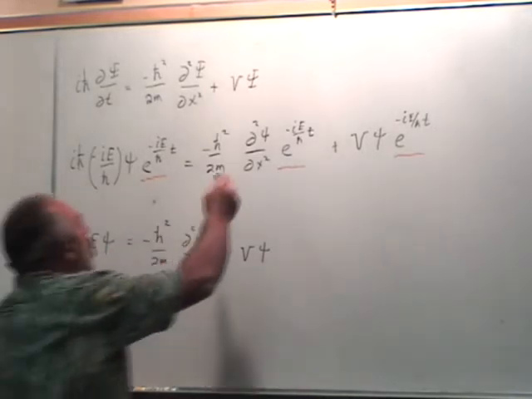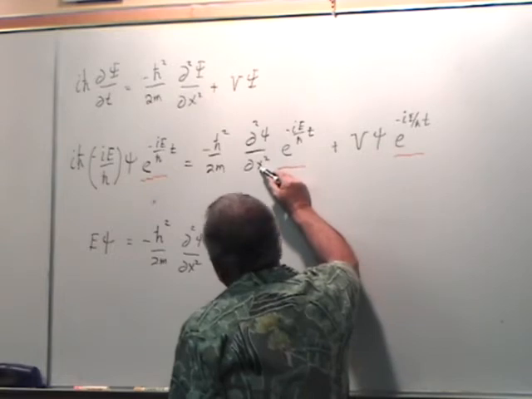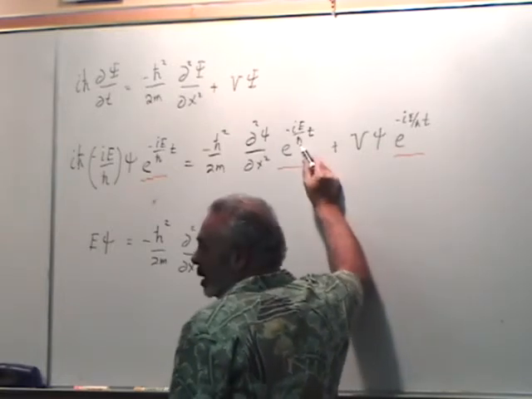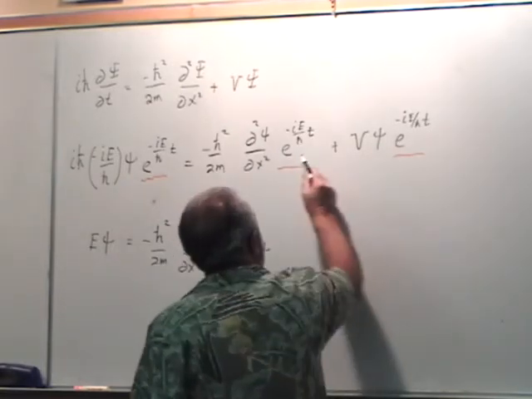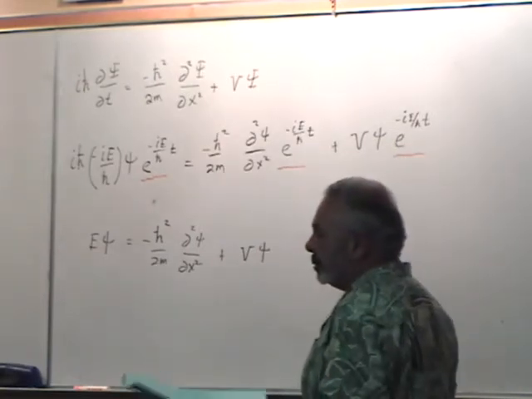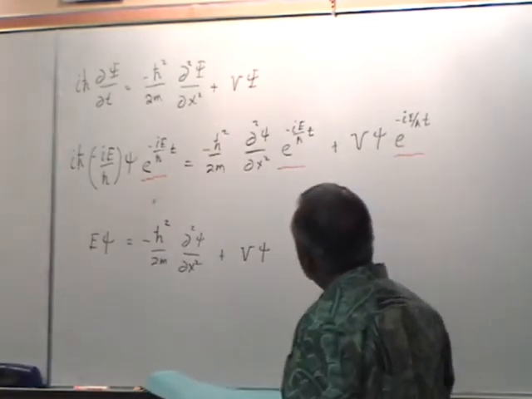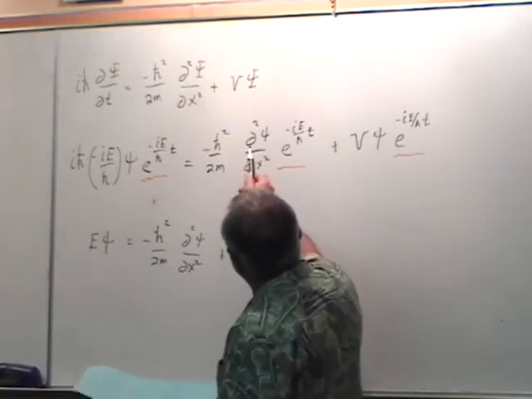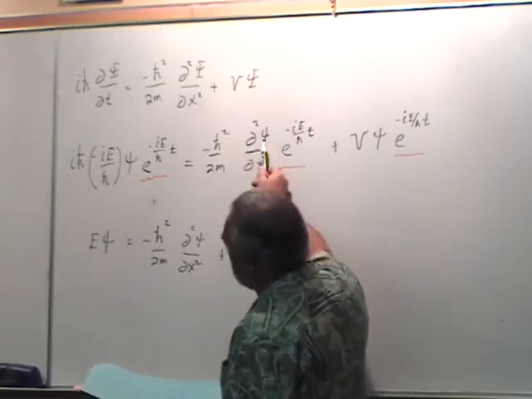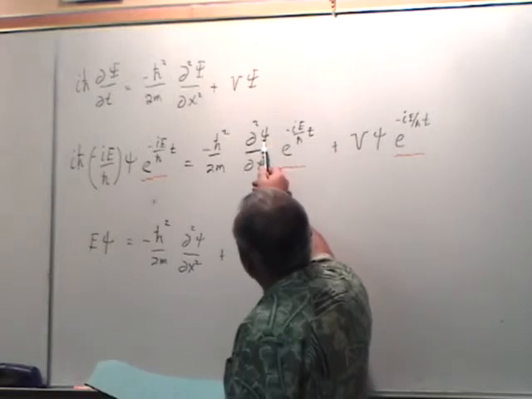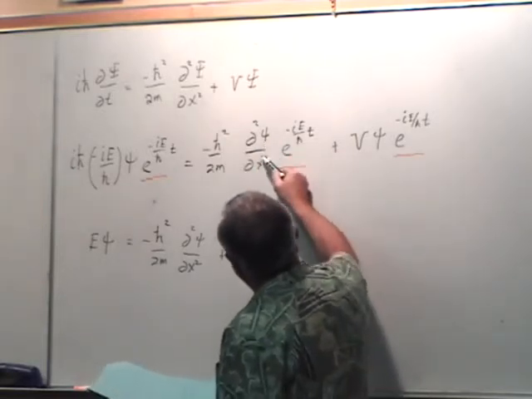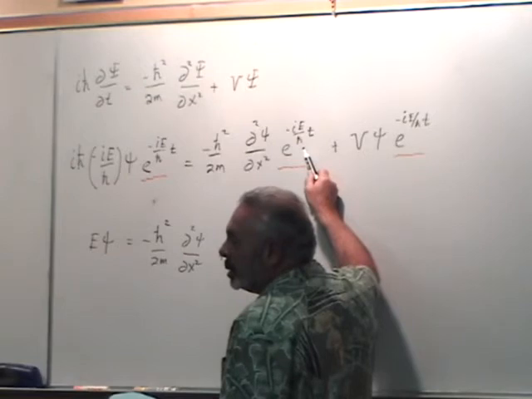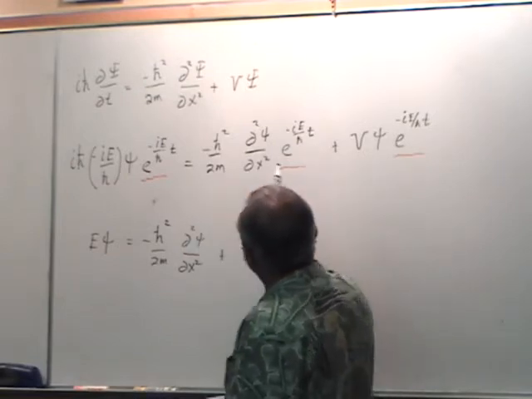Because I took the lowercase psi out so that I could differentiate it with respect to x, and left the time-dependent part so that I can cancel it away. See, if I put in minus ħ squared over 2m, if I put in capital Psi, then capital Psi is the spatially dependent part and the time-dependent part. So I wrote it like this because I knew I wanted to get rid of this.